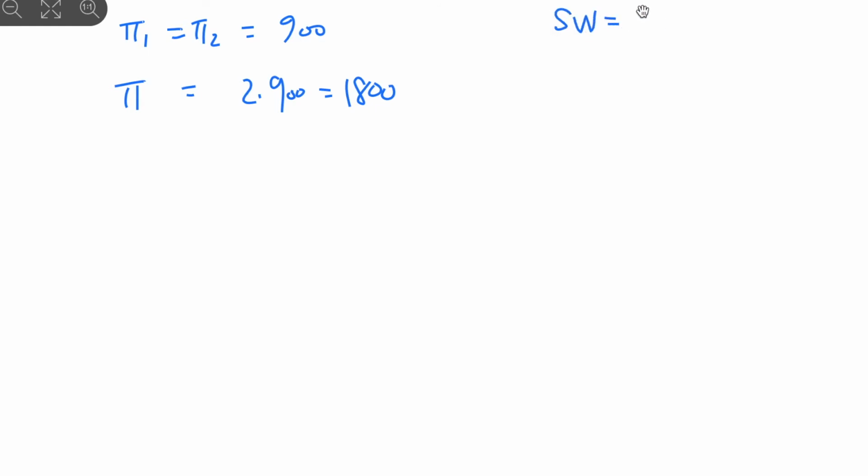So profit of firm 1 equals profit of firm 2, which was 900, so total profit was 2 times 900, which is 1800. For social welfare, we have pi plus consumer surplus, right? We got the pi, but we don't know the consumer surplus, so let's look at it.